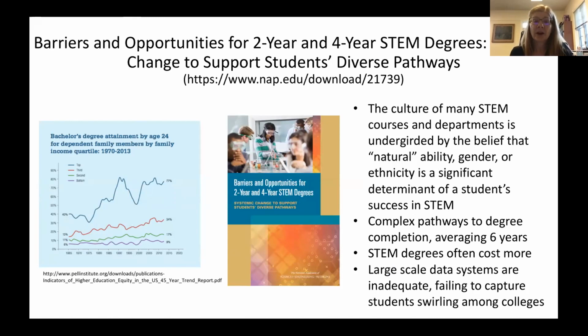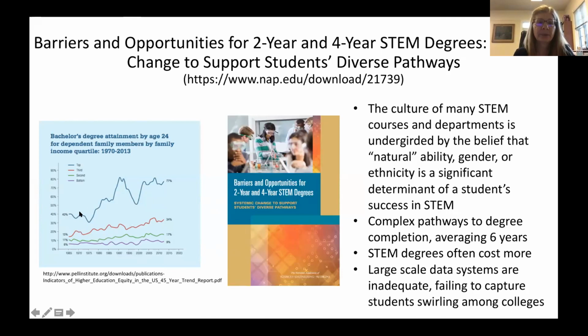So I wanted to start first on the left-hand side here. This is the plot that goes from 1965 up to about 2015. And it's looking at the percent of individuals who attain a bachelor's degree by the time they're 24 as a function of their family income, so their socioeconomic status.